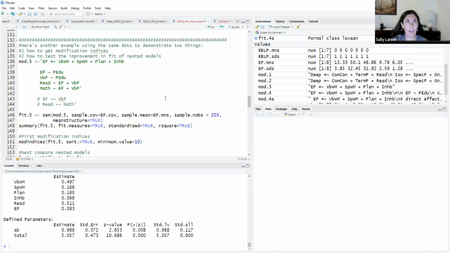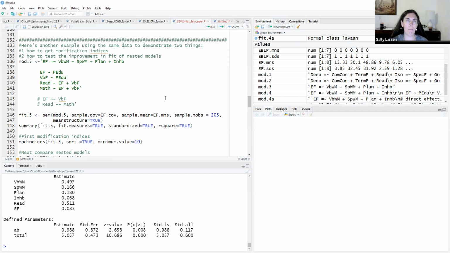And so this can be anything. It can be residual covariances between variables loading on the same latent factor. It can be different regression coefficient pathways in the structural portion of the model. It can be cross loadings between variables that are supposed to be loading on one latent factor, but the model is telling you that variable really wants to load on another factor too. It can be anything like that.